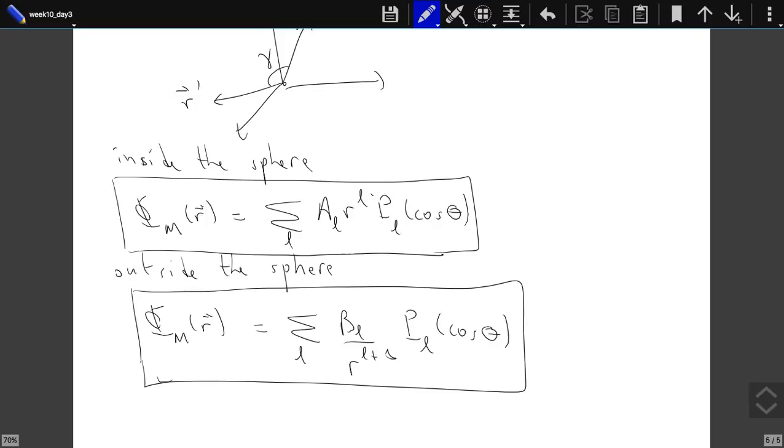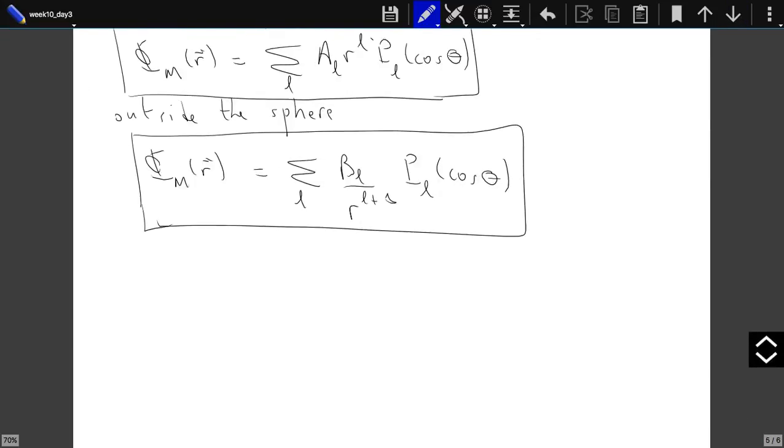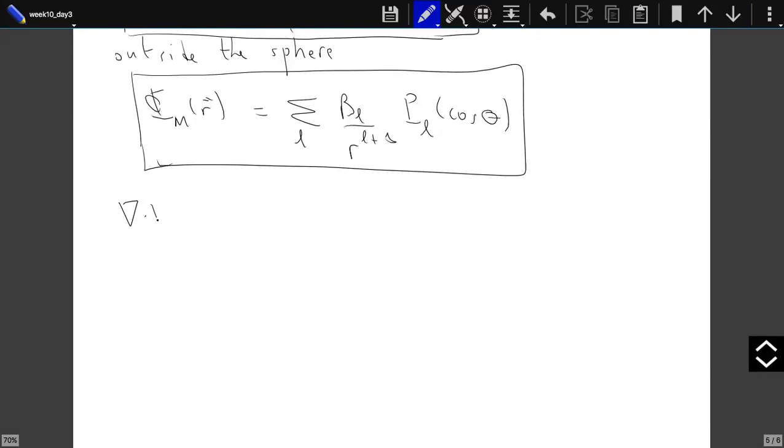Now I need to find some way to relate these A's and B's with each other and also with the current density on the surface of the sphere, on the boundary. So I have to now determine how I should match these two solutions on the boundary. And for that matching, I will use these conditions. Divergence of B should always be equal to 0, even on the boundary.